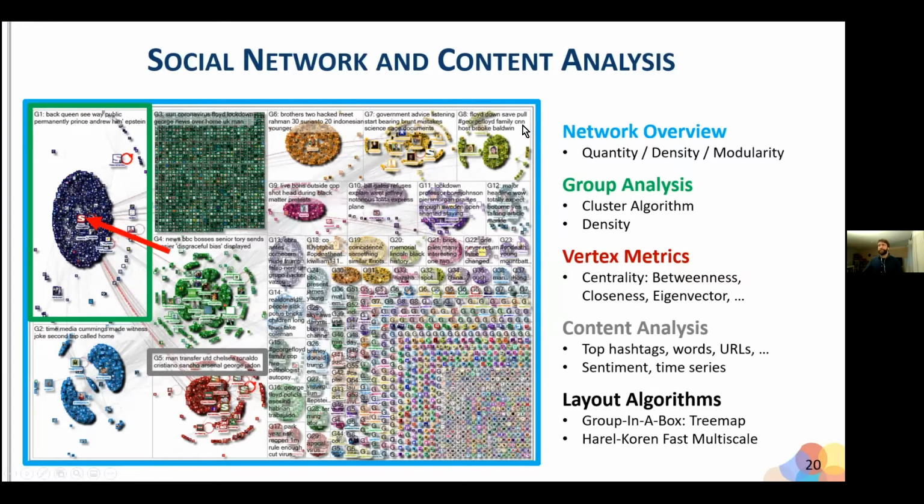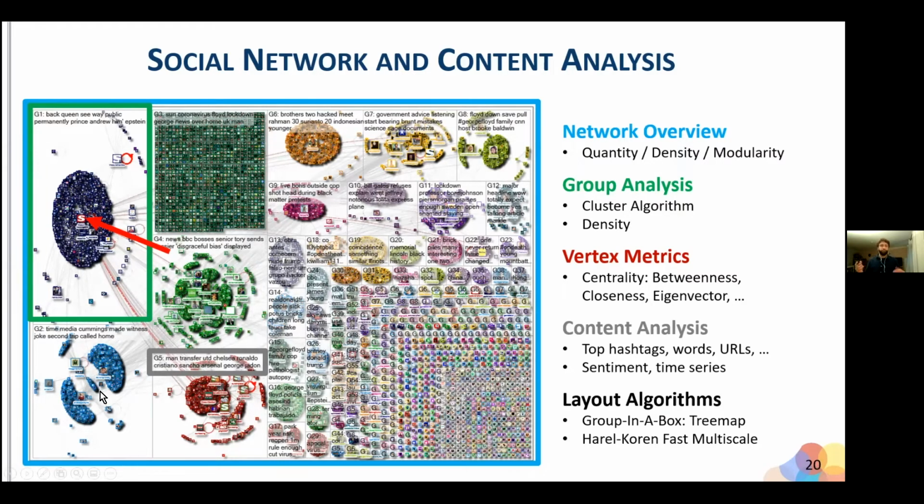So here's now a different look on these features. The network overview means we get information about the whole network, how many users are there. Group analysis means you see these boxes. Each of these boxes are groups that have been found by the cluster algorithm. And then we have vertex metrics for each of these users you see here. Some are larger, some are smaller.